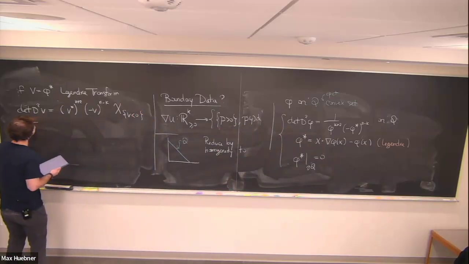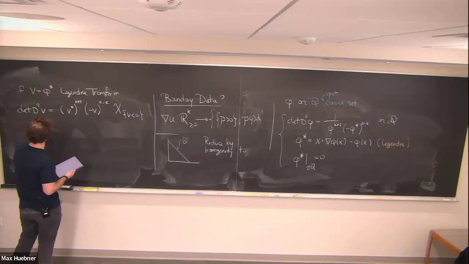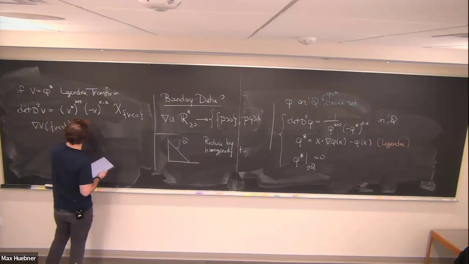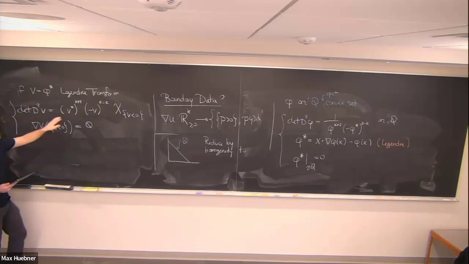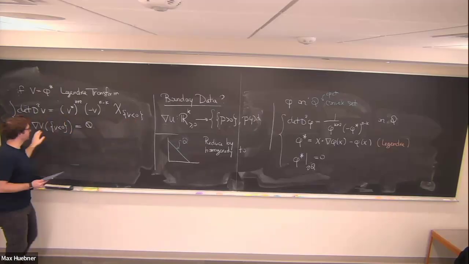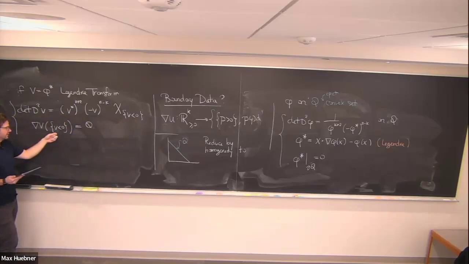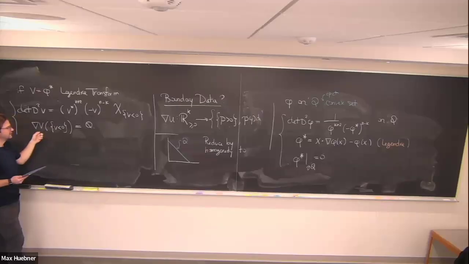And then you also have this gradient map component. So the gradient map of the sublevel set where V is negative should be Q. So you're basically solving a more standard Monge-Ampere equation with Dirichlet boundary data, but also imposing that you're imposing 2 pieces of boundary data. You're solving both the first boundary value problem, which is that V is 0 on the boundary, and simultaneously the second boundary value problem, which is specifying the gradient image.